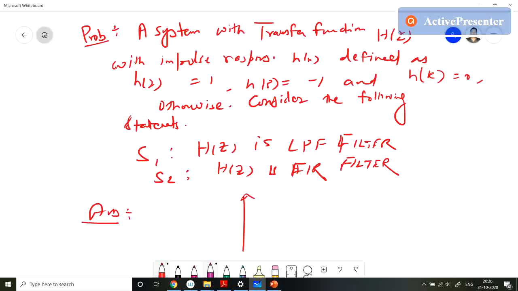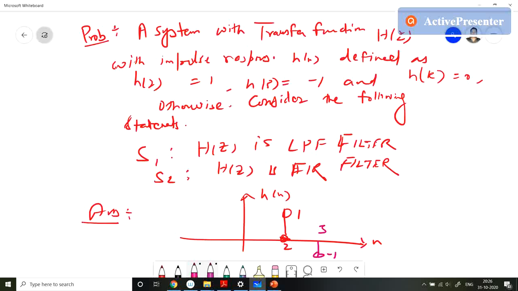Let us plot h[n] with respect to n. h[2] is 1, h[3] is -1, and all other points are 0.